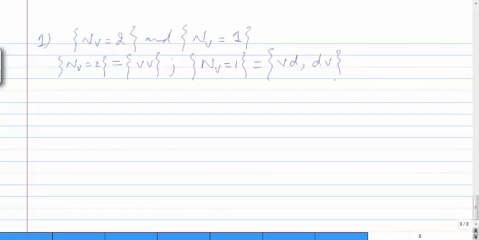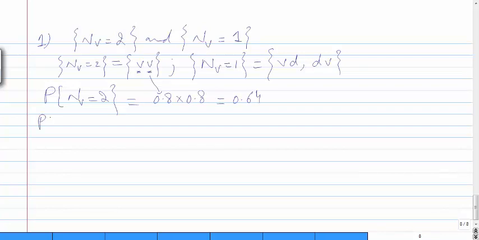Now to prove whether they are independent or not, we have to calculate the probability of the NV equal to 2 event. Because there are two voice calls and the individual probability is 0.8, this means 0.8 times 0.8, so it becomes 0.64.